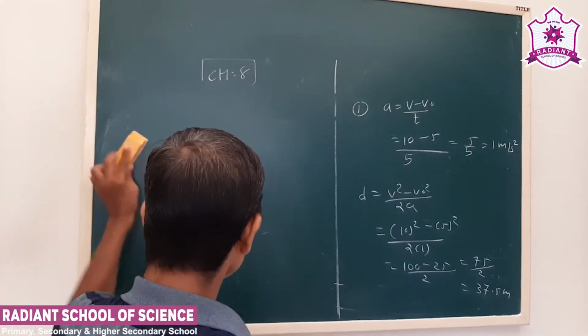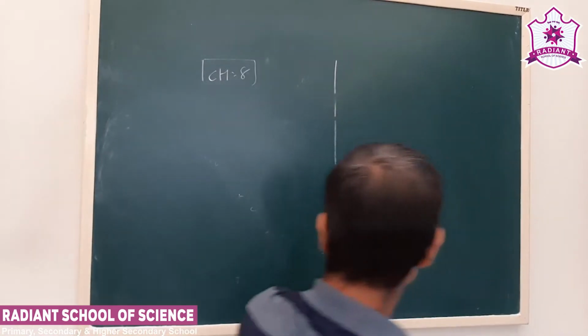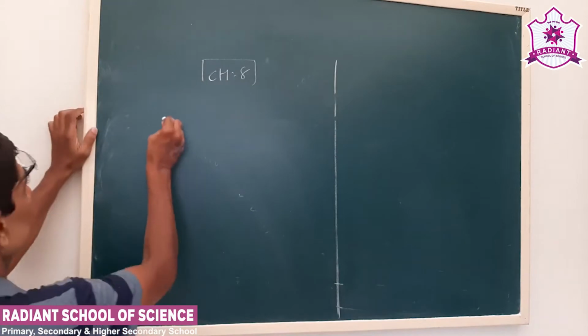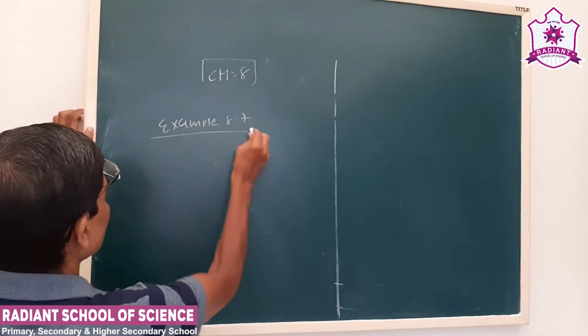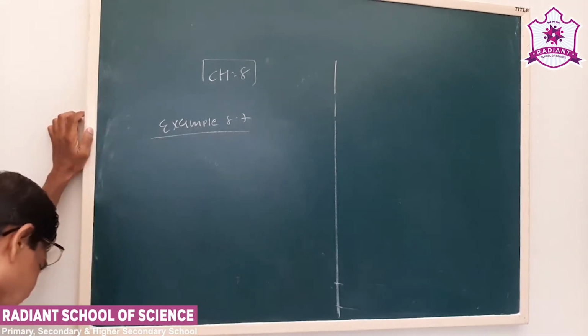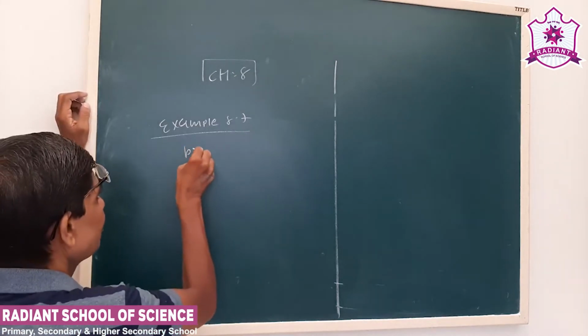Now we solve example number 8.7. Okay, now see, when brakes are applied to a car, it produces an acceleration of 6 meter per second square.